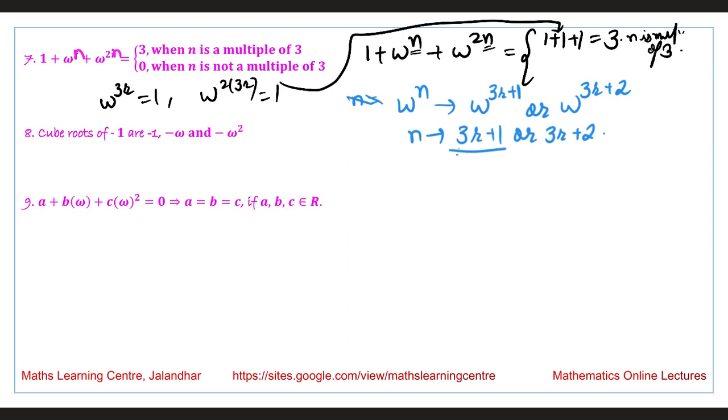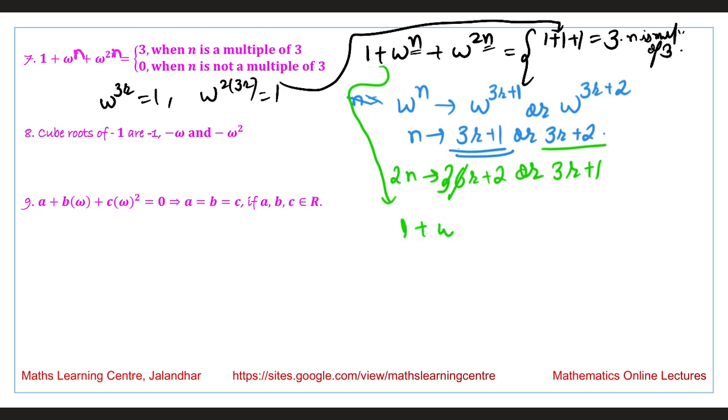So in this case, the value of 2n will be 6r plus 2, which is 3 times (2r) plus 2, and this other value will be 3r plus 1. So what we will get is 1 plus omega raised to the power 3r plus 1 plus omega raised to the power 3r plus 2.